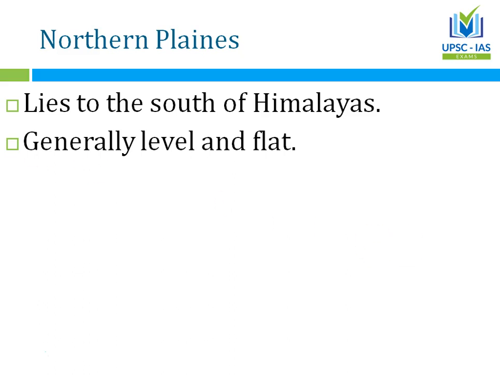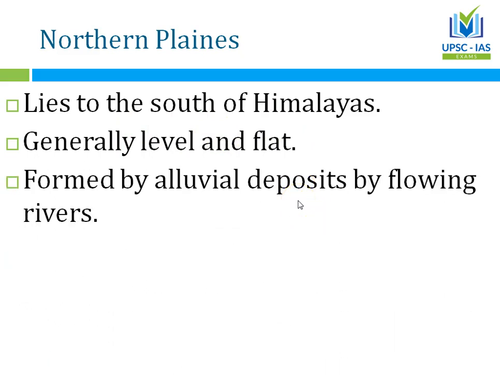Generally, these northern plain parts are level and flat. They are formed by alluvial deposits by flowing rivers, right? Alluvial deposits which are accumulated here because of the flowing river. In our previous discussions, do remember friends, we have talked about erosion and deposition.